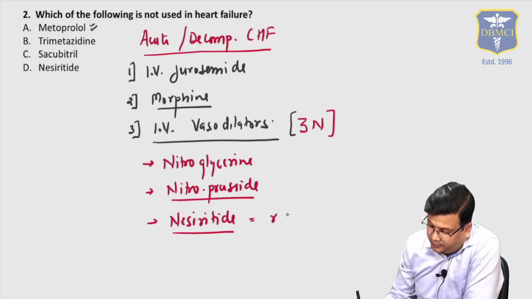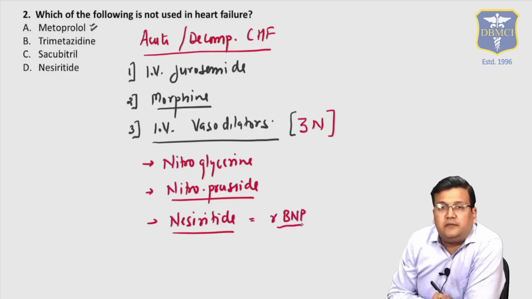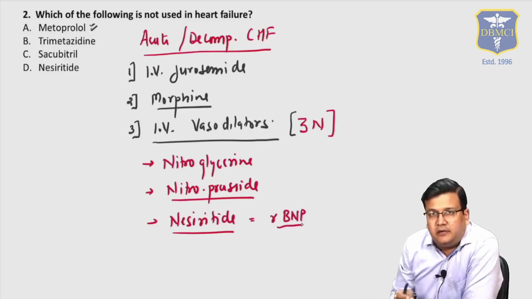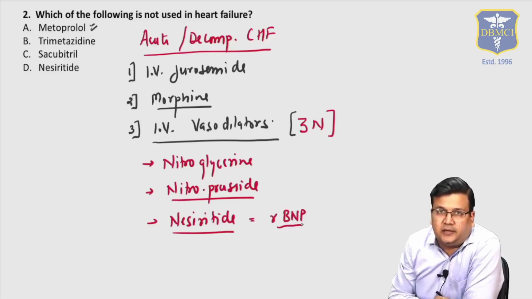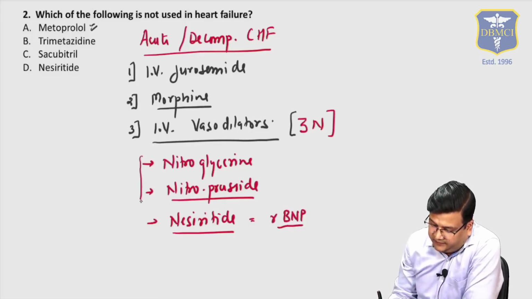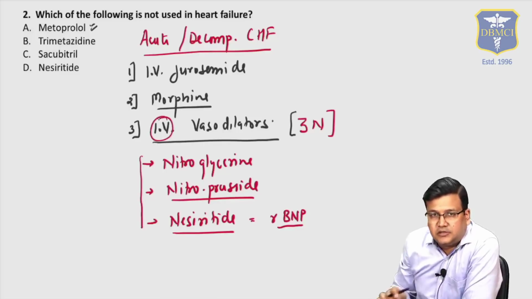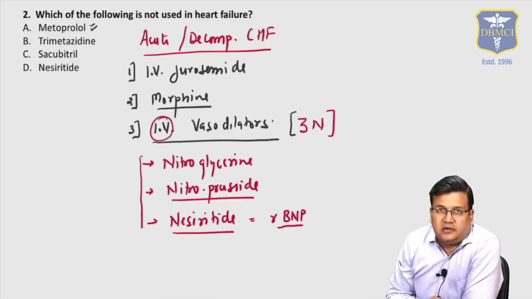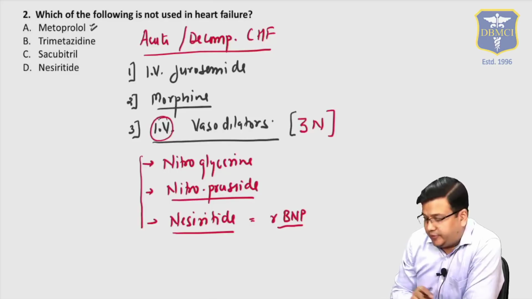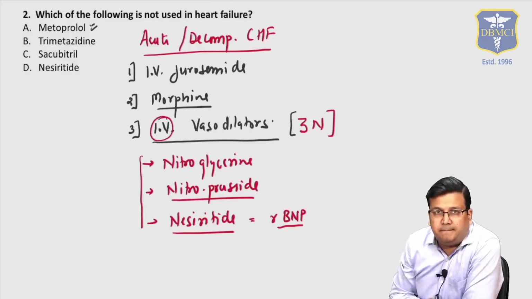Nesiritide is a recombinant BNP, brain derived natriuretic peptide, causing natriuresis and vasodilation. These are the two things nesiritide causes. It's a vasodilator given IV in acute CHF. So this is the third class of drugs used in acute CHF, IV vasodilators, which are remembered as 3N.